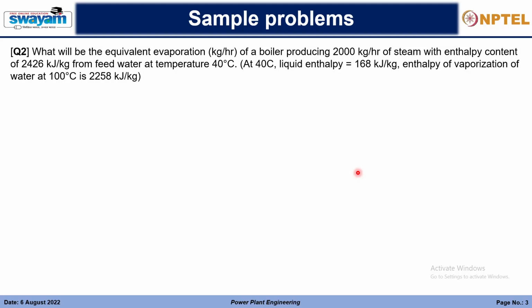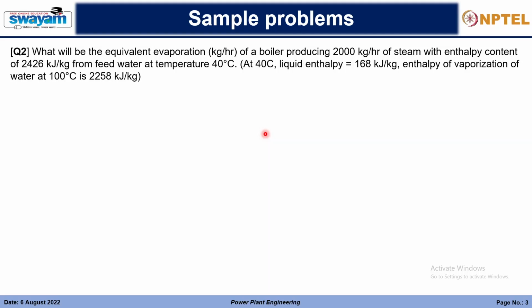So basically it has given how much steam is produced per hour, that is 2000 kg per hour, and the enthalpy content of 2426, and the feed water is taken at 40 degrees Celsius, right? So the properties at 40 degrees Celsius, that is liquid enthalpy, and enthalpy of evaporation is also given. The enthalpy of evaporation at 100 degrees Celsius is 2258. So using these properties, you will have to say what is the equivalent evaporation.